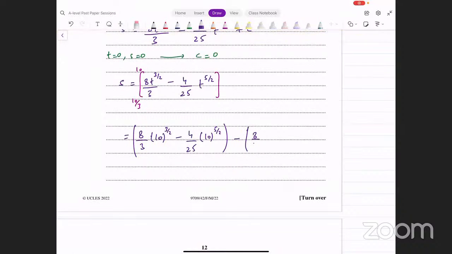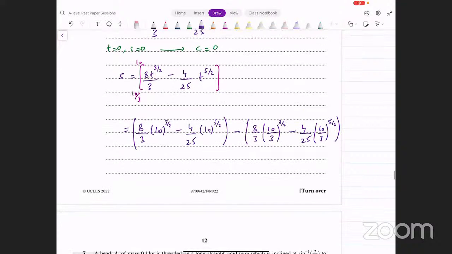And then you have 8/3 into 10/3 whole raised to power 3/2 minus 4/25 into 10/3 whole raised to power 5/2. You can just evaluate this and that's going to give you the result.